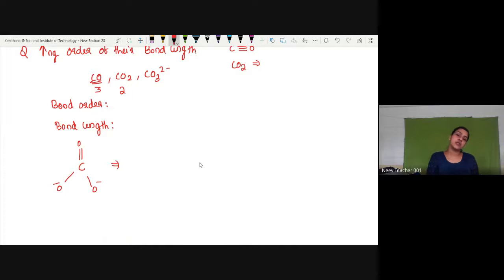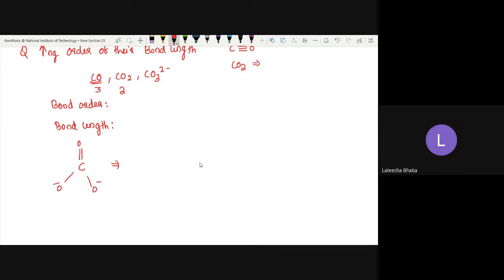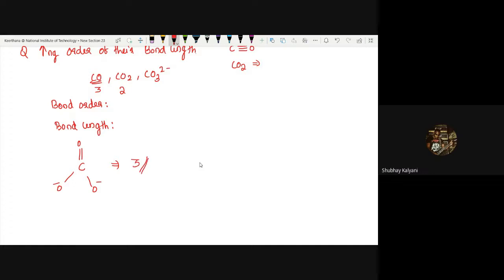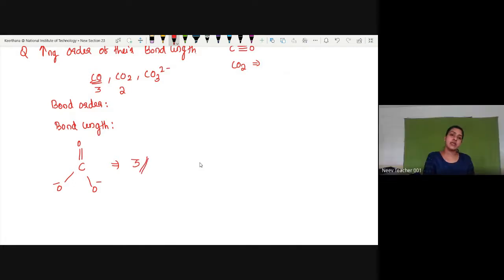How many resonance structures will be possible? 3. In those 3, if you consider one carbon and oxygen, in one structure it will be a double bond, and in the other 2 structures it will be a single bond. You just draw it and it will be clear.